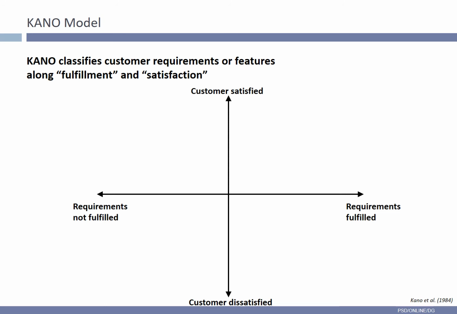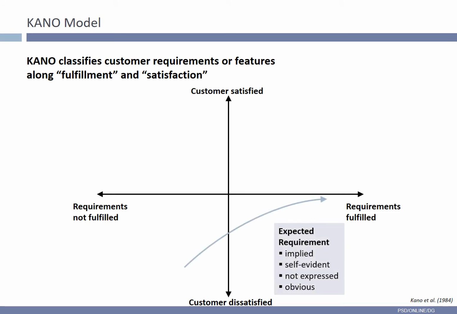The first bucket are those features that actually, if they are not on board, they are making the customer really dissatisfied. So if the requirement is not fulfilled, then the customer is really dissatisfied.